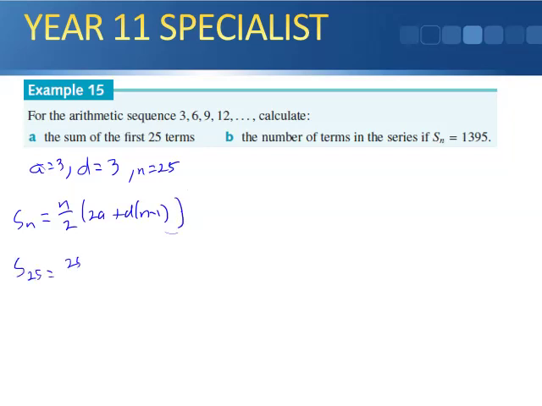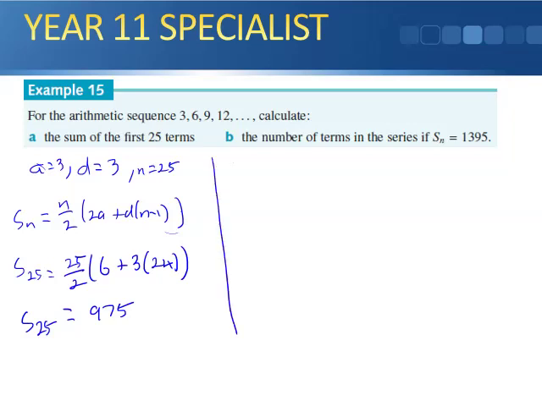So we've got 25 divided by 2, times 2 times 3, which is 6, plus my d, which is 3, times 25 minus 1, which is 24. When you work all that out, you get 975. So the sum of the first 25 terms is 975.